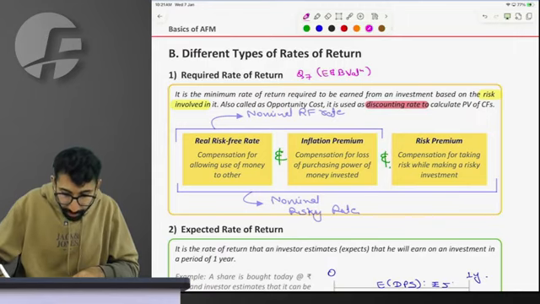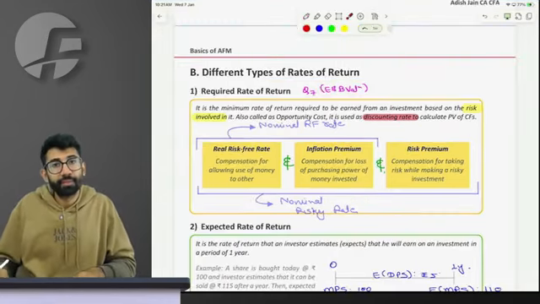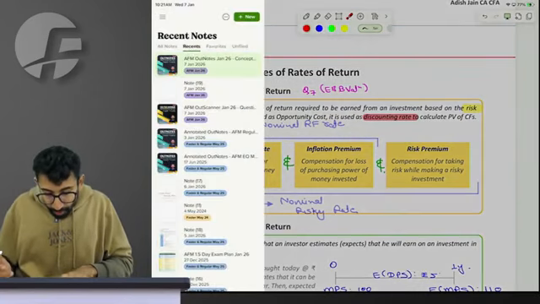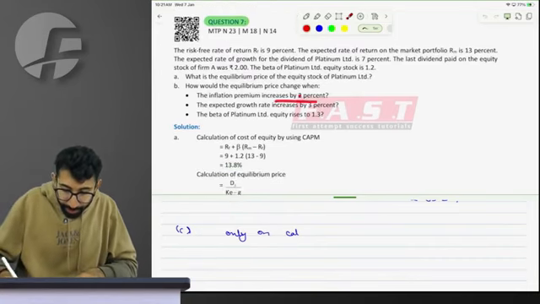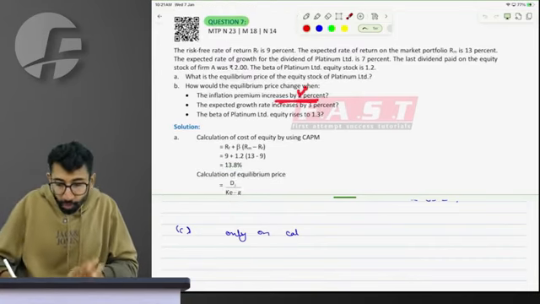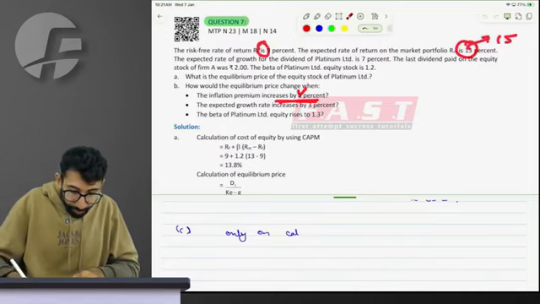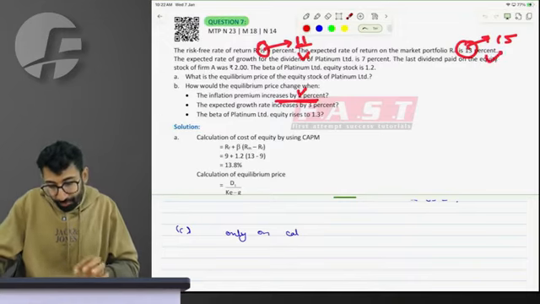Not compulsory, but if you feel like giving a reference, you can give a reference to it. So in question 7, what we have learned is that if inflation premium will increase by 2%, the RM of 13 will become 15 and RF of 9 will become 11. So revised RM 15, revised RF 11.